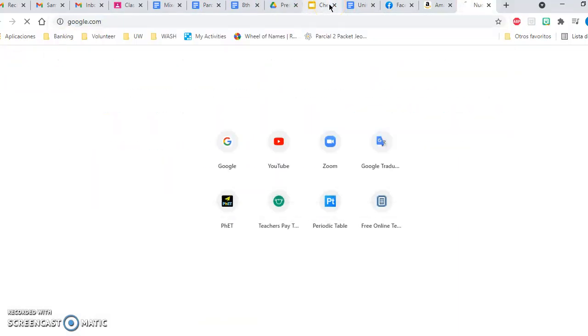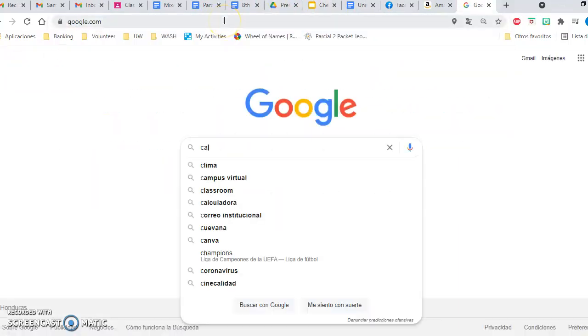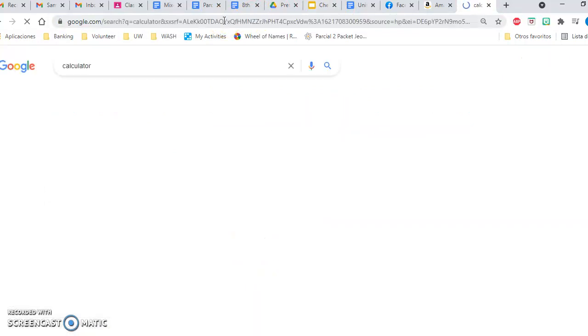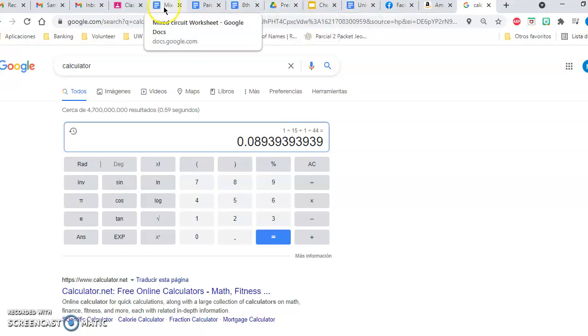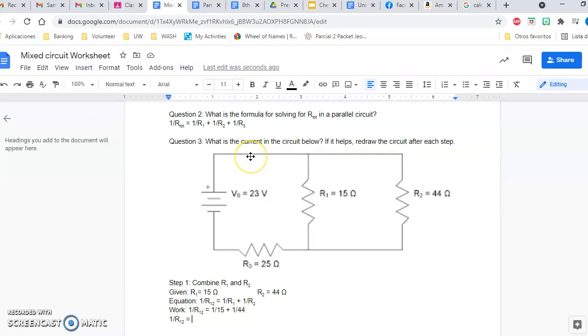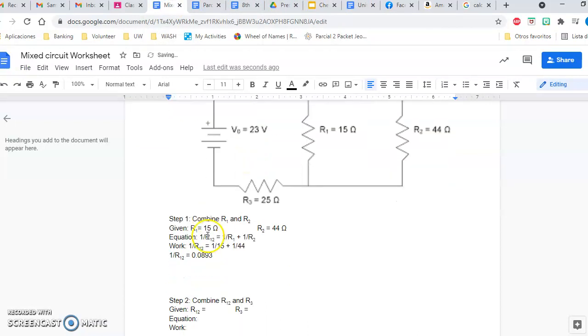So I get my calculator out: 1 divided by 15 plus 1 divided by 44. My answer is 0.0893. We're not quite done yet.